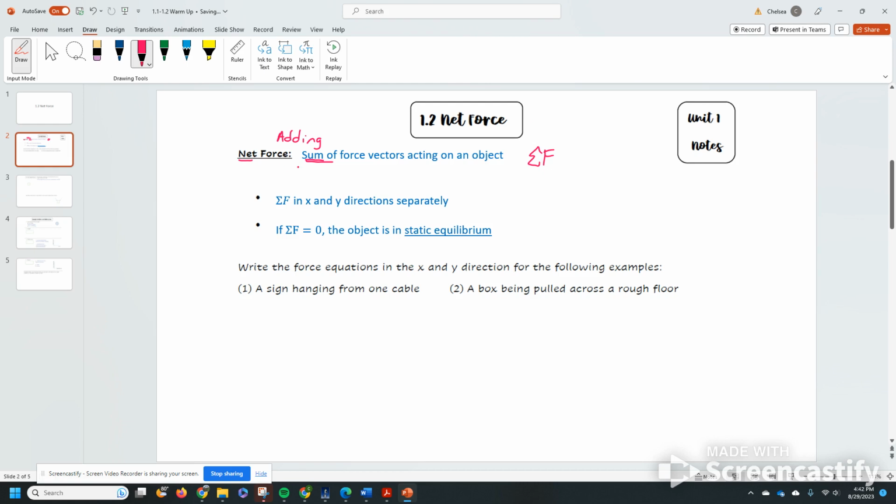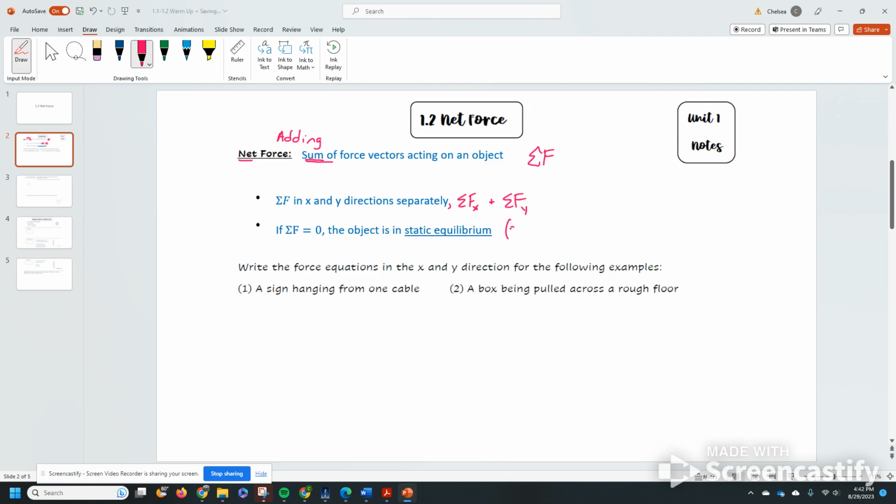So we're going to be looking at the sum of forces in the x and y directions separately. We'll see a lot of sum of forces in the x and sum of forces in the y direction. And if we add up those forces in the x direction and in the y direction, and things balance out, or the sum of forces is zero, we call that static equilibrium.